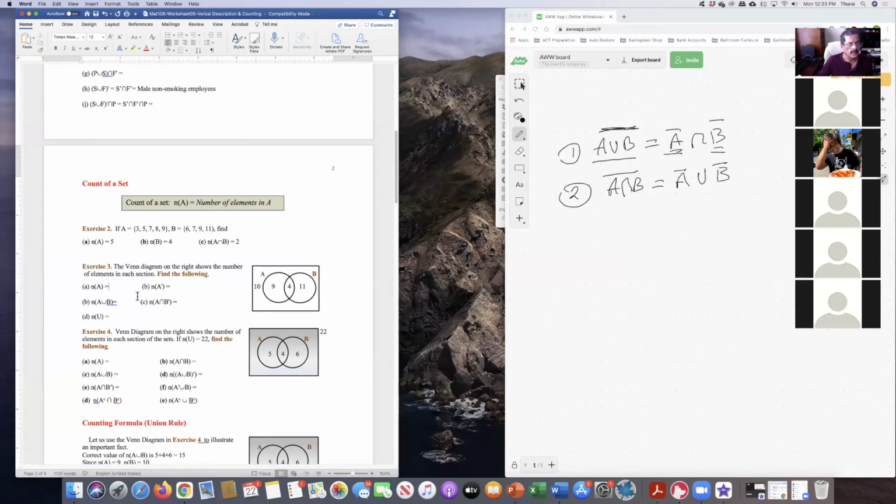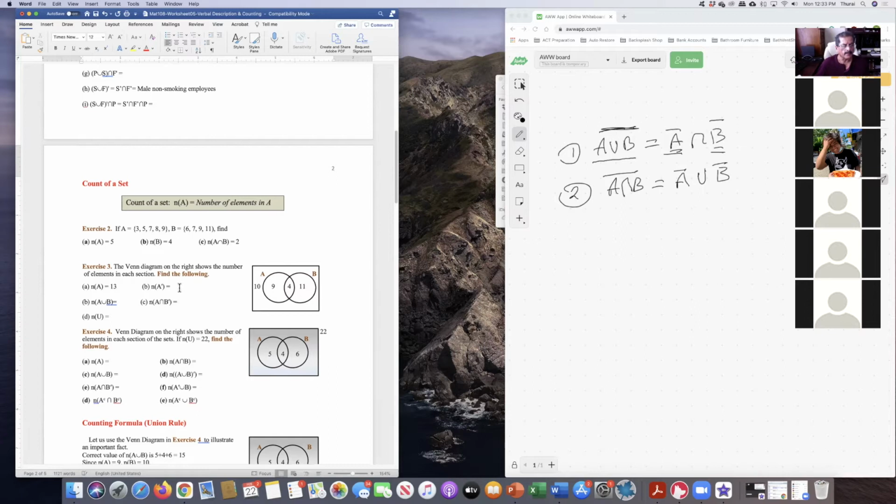Okay, can somebody tell me count of A? 13. 13 is correct. Everybody see that count of A is 13, not 9. It's 9 plus 4.